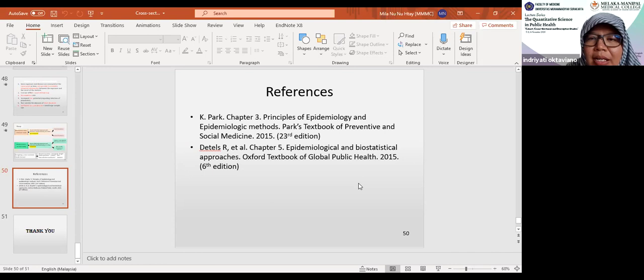So, Dr. Mila, in the cross-sectional study, if we collect the data face-to-face, like you said, primary data, is it the same advantage or the same validity as the secondary data?